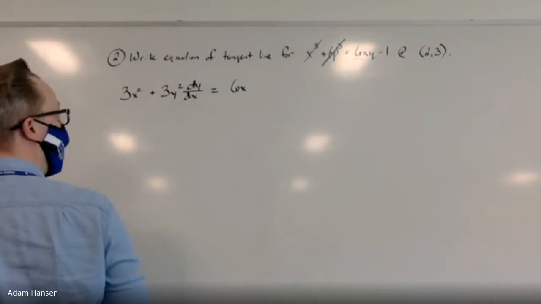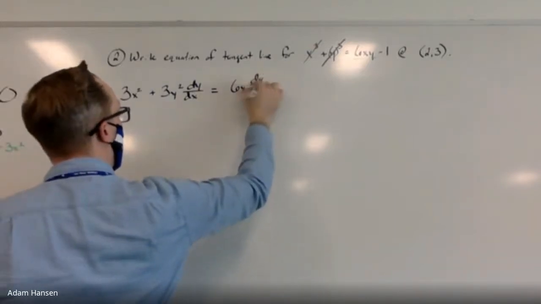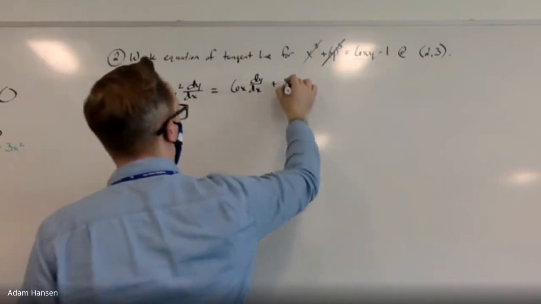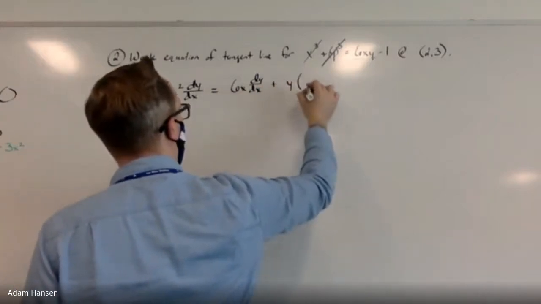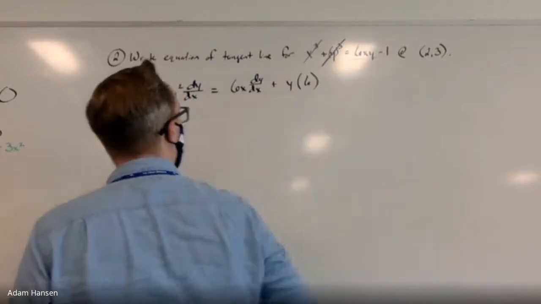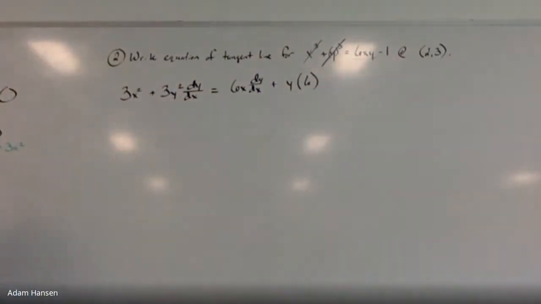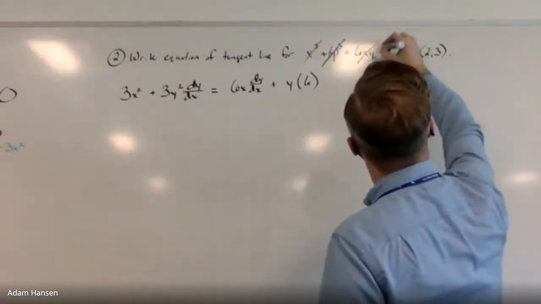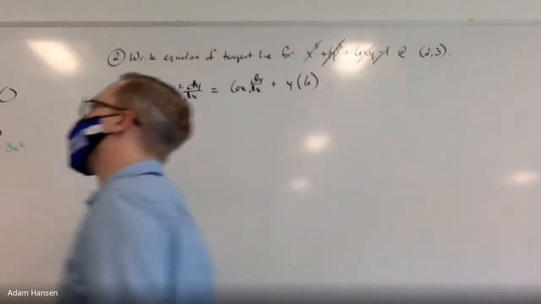What's the derivative of y with respect to x? dy/dx. Plus the second, that's y, times the derivative of the first, that's just 6. What's the derivative of negative 1? 0. Yeah, all right, so we're done with that.